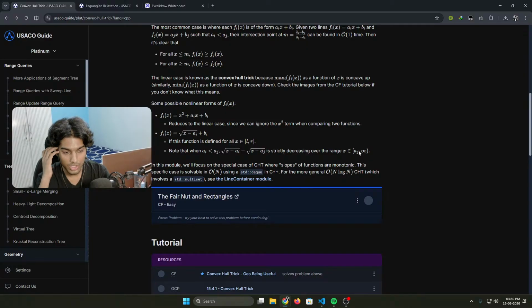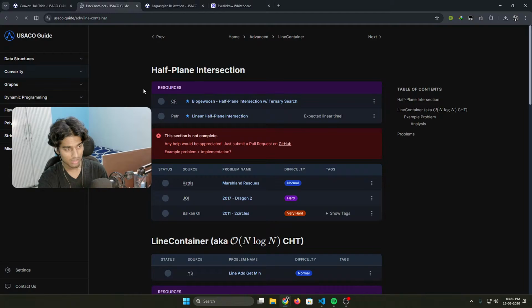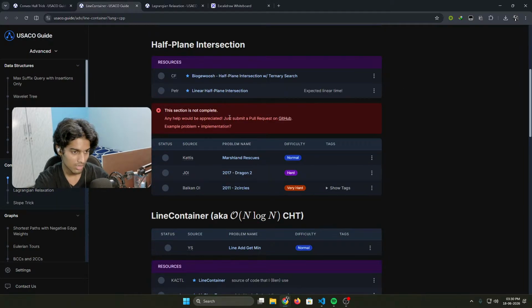Special case of CHT where slopes of functions are monotonic. This specific case is solvable in O(n) using a standard DQ in C++. For the more general case, which involves a multiset. Oh, so this is in an advanced section, and this is incomplete.